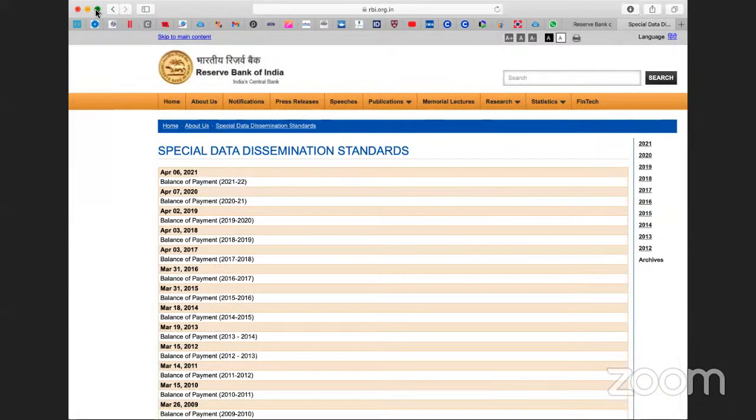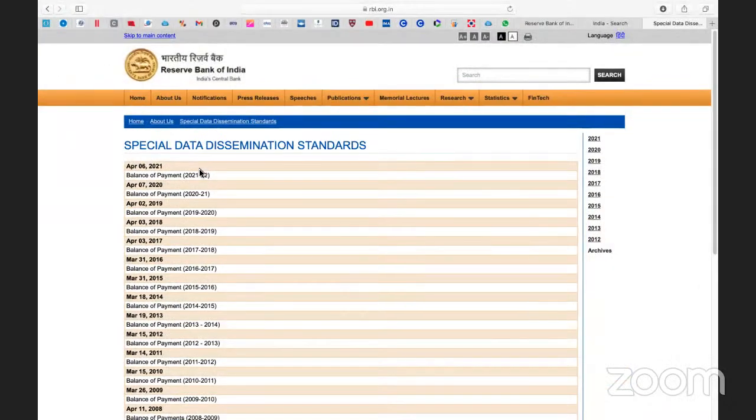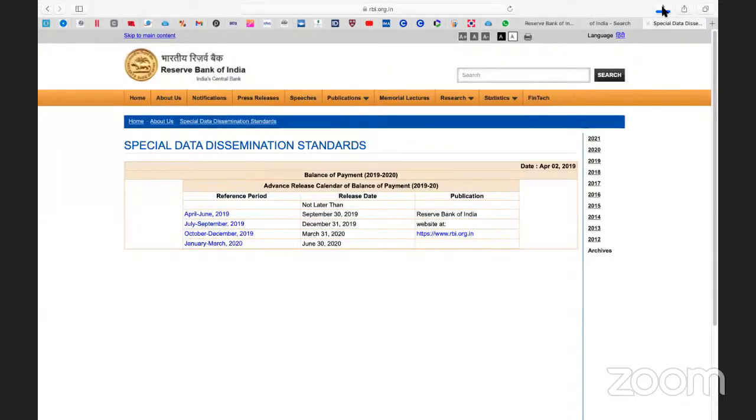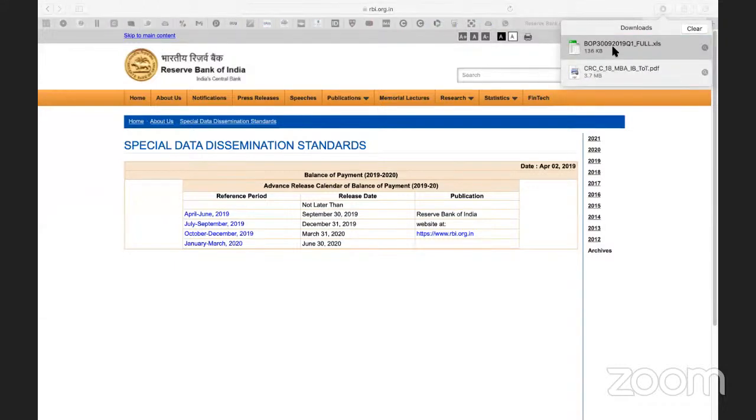Can you see my screen? Yes, sir. Balance of payment. Let's look at the last 3 years, quickly, we'll have a glance. April to June 2019. Can you see this screen?